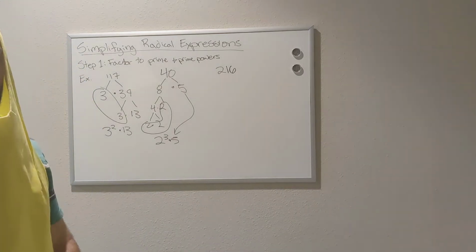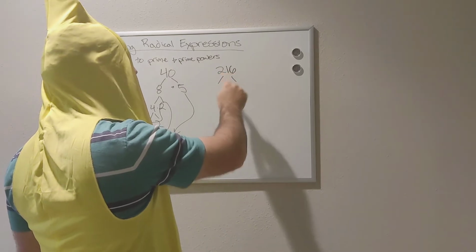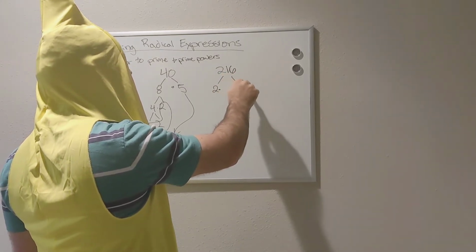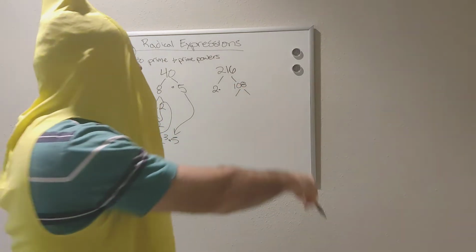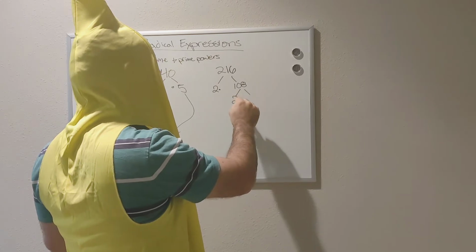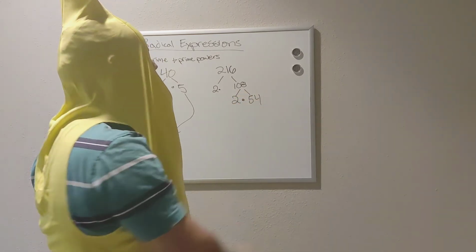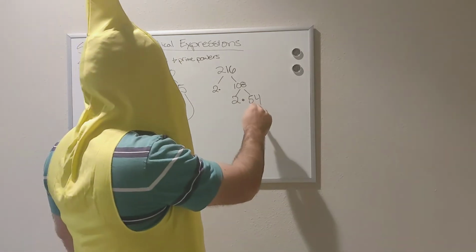Finally, moving on to 216. Let's factor that one. Ooh, that's a big number. First, we're going to notice that this is 2 times 108. 108 factors again. It goes into 2, obviously, because it's an even number. This is going to be 2 times 54. We can factor 54 again when we see that a 2 goes into it.